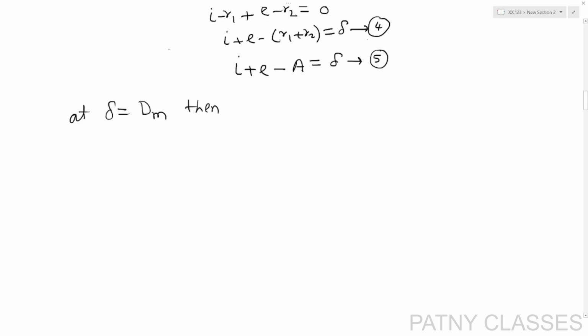Then the condition is I equals E and R1 equals R2. I repeat once again: when a ray of light suffers minimum deviation, the angle of incidence equals the angle of emergence and R1 equals R2.